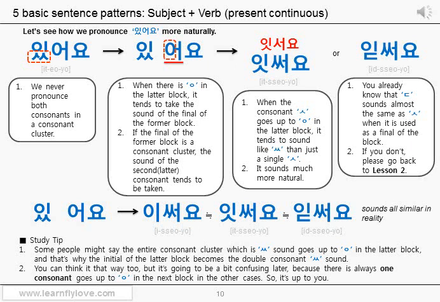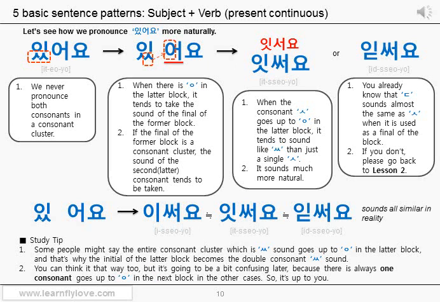It takes the sound from the final consonant of the former block. Okay? It's round, so it can't contain anything. If the final of the former block is a consonant cluster or a double consonant, there are two consonants in the final, right? So the sound of the second consonant is to be taken because it's closer to ㅇ in the next block.